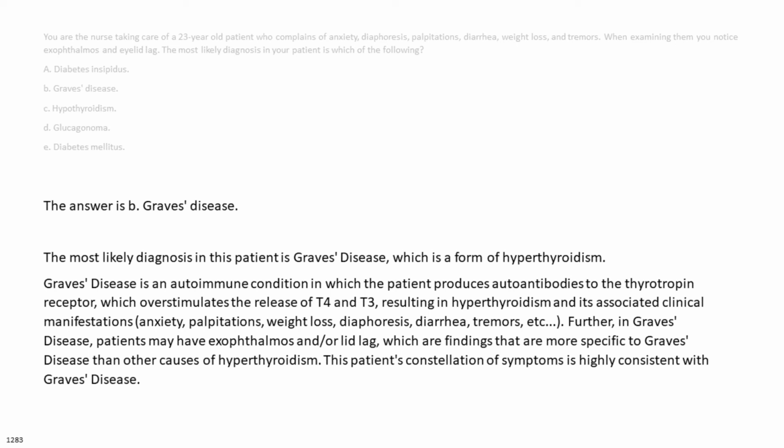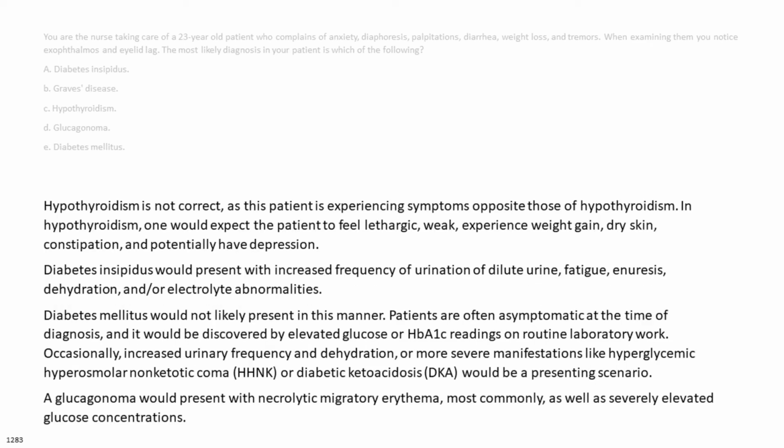Further, in Graves' disease, patients may have exophthalmos and/or lid lag, which are findings that are more specific to Graves' disease than other causes of hyperthyroidism. This patient's constellation of symptoms is highly consistent with Graves' disease. Hypothyroidism is not correct, as this patient is experiencing symptoms opposite those of hypothyroidism.